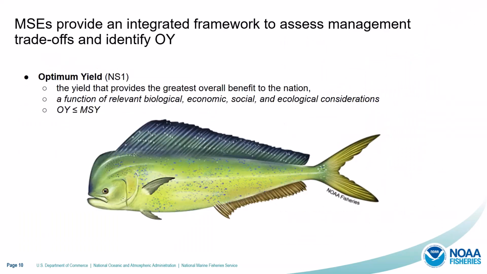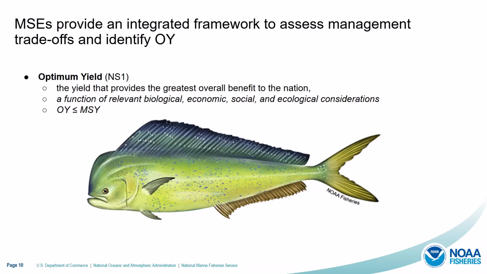Magnuson-Stevens and National Standard Guidelines mandate that we manage for optimum yield, which is defined as the yield that provides the greatest overall benefit to the nation. It's equal to maximum sustainable yield as reduced by relevant biological, economic, social, and ecological considerations. But it has to be less than or equal to maximum sustainable yield.